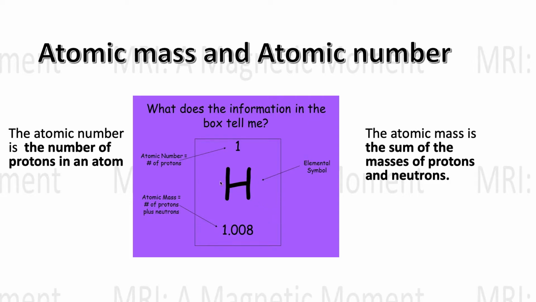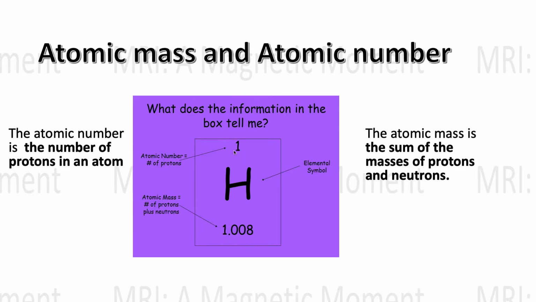So in our case of hydrogen, we only have one proton, so we have an element and the atomic number is 1. Right over here is hydrogen, and we know the atomic number, because the number of protons is 1 in a hydrogen atom within the nucleus that it resides in.